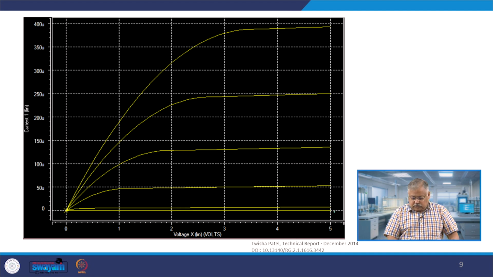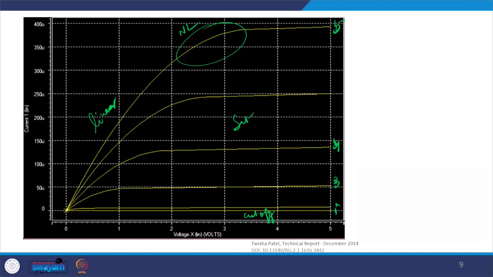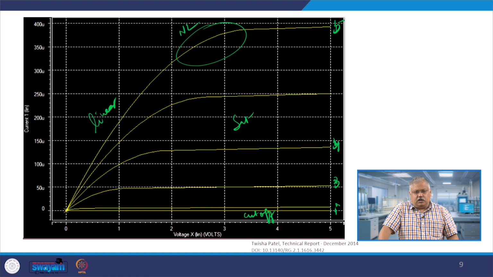This is for 0, 1, 2, 3, 4, and 5, and this is how it moves up. Below this is cutoff, this is saturation, this is linear, and you will also have a non-linear part here. So, you have a linear, non-linear, and saturation part already inbuilt within this model.